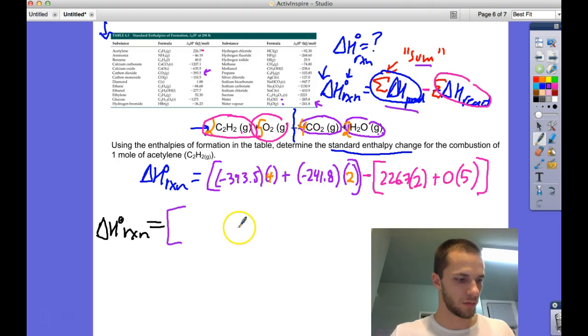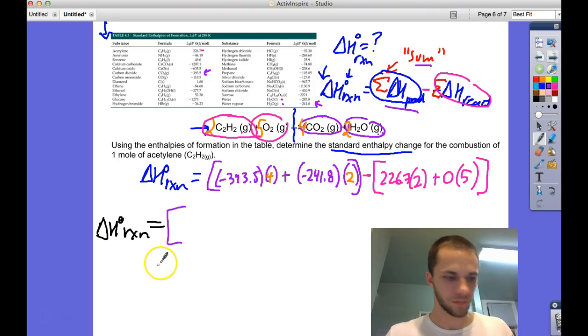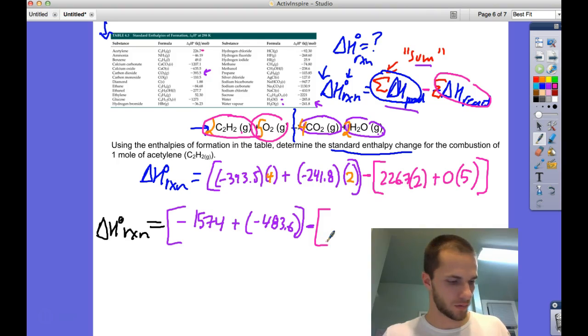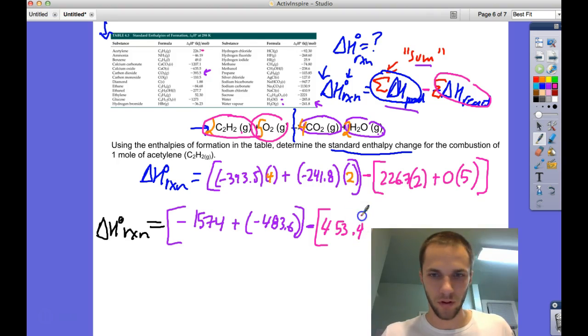Negative 393.5 times 4 is negative 1574, plus negative 241.8 times 2, negative 483.6, minus 226.7 times 2, which was positive 453.4.